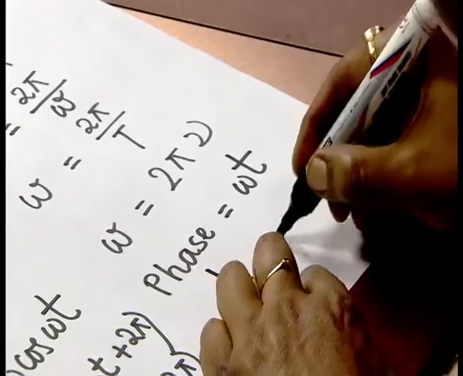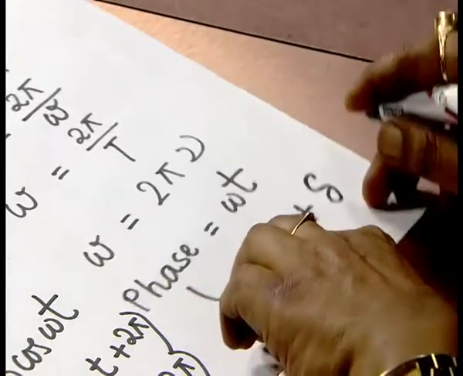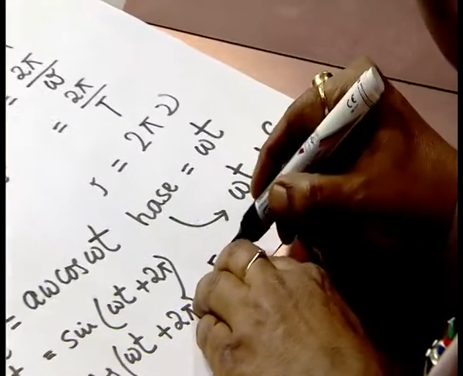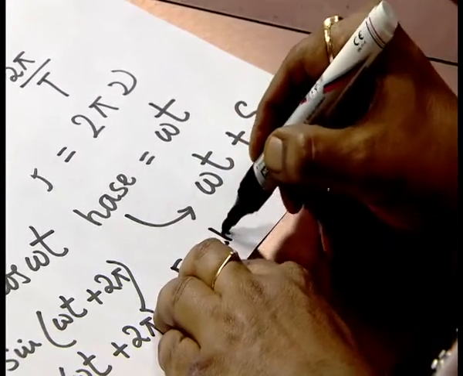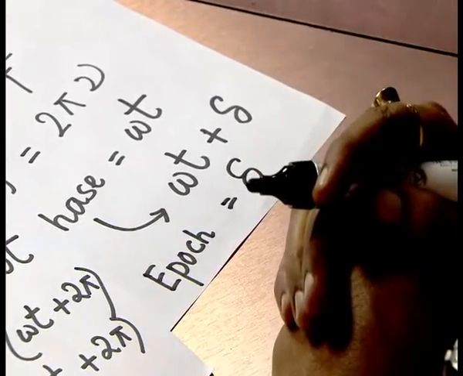In general, phase is expressed as omega t plus delta, because the motion may not start from the origin at t equal to 0. It may start a little departed from the origin, and that is why we have to accommodate another term delta, which is called the epoch of SHM.